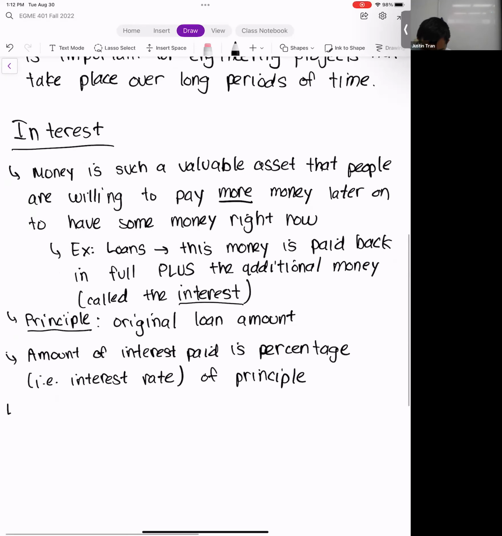All right, so as a very quick example, let's do an example with simple interest. Let's say that your friend comes to you and says he wants to start a business, but in order to start his business, he needs an extra $5,000 in cash right now.